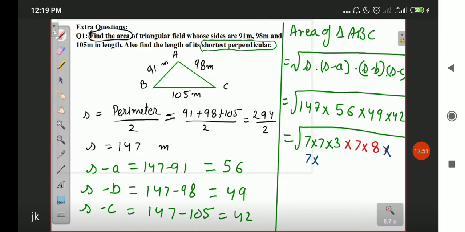These are all under the root. And 42 is 7 into 6. Once you simplify all of this, you will get 7 into 7 into 7 into 3 into 4. And your final answer, on multiplying, will be 4116.